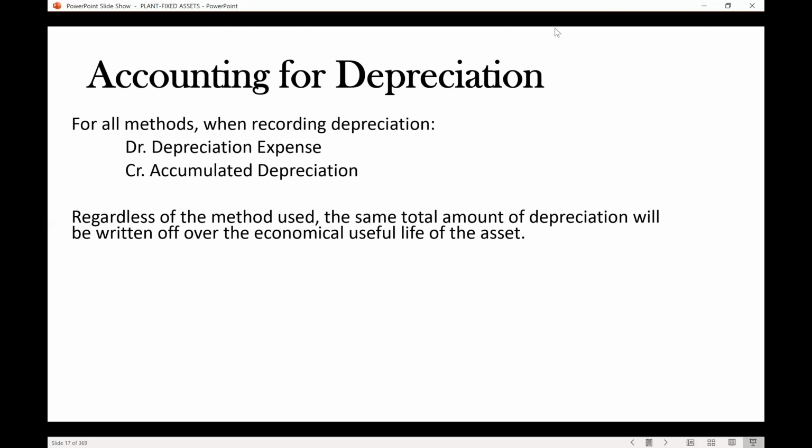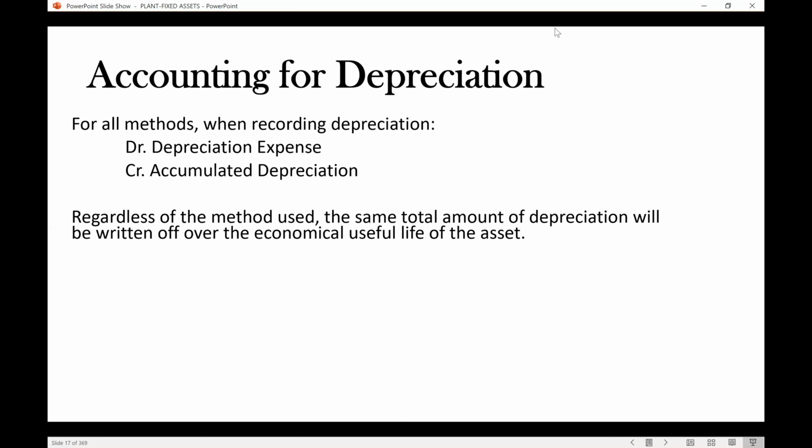So regardless of the method used, the same total amount of depreciation will be written off over the economic useful life of the asset. At the end of the asset's useful life, the total amount that you're saying this asset was depreciated by should be the same for each method.